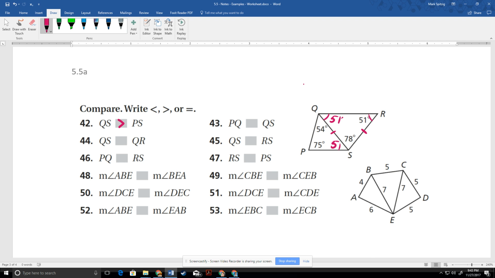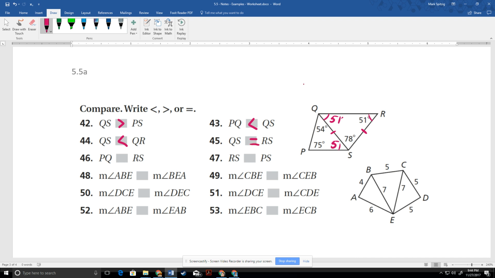So QS is bigger, so PQ is less than QS. QS and QR. So QS is opposite 51, QR is opposite 78 in the same triangle, so QS is smaller. And then QS and RS, well, those are equal because it's isosceles.